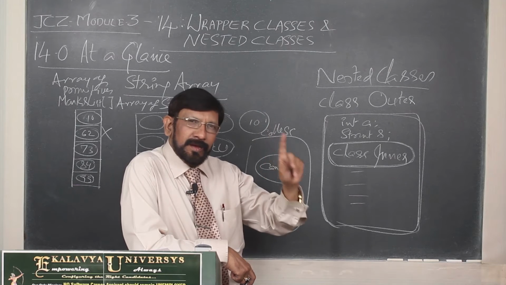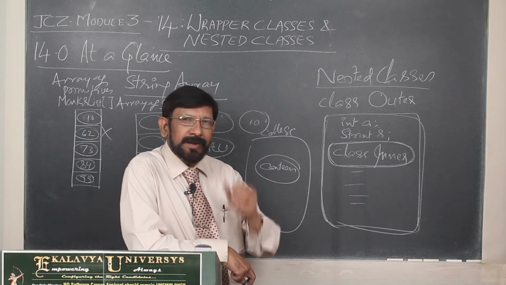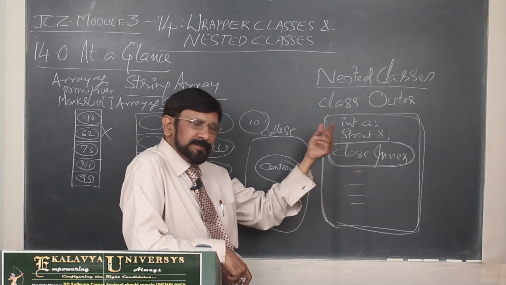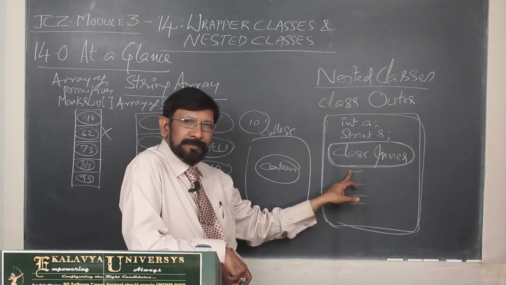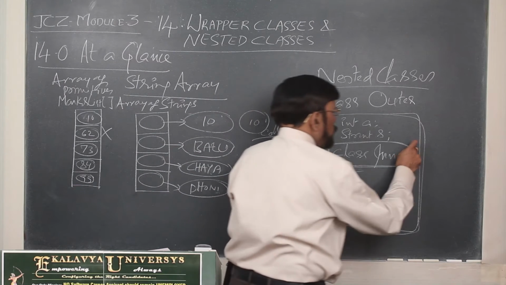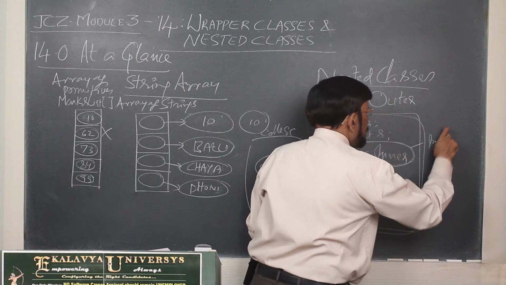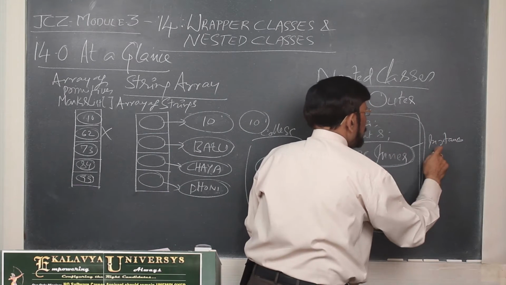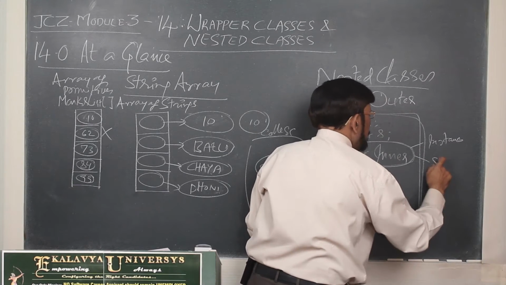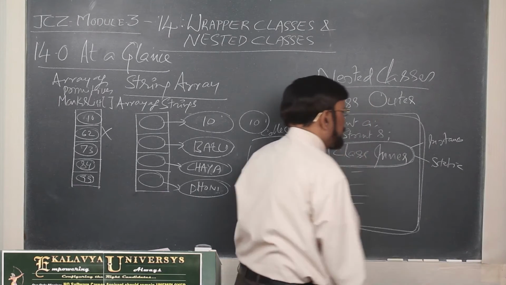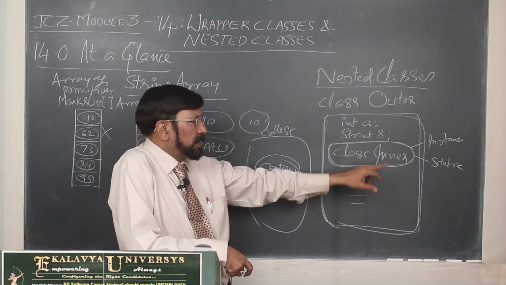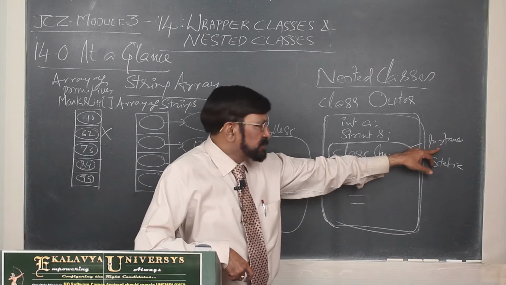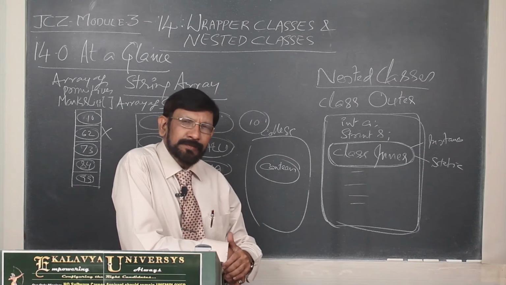What is that? Instance fields and static fields, that is instance members and static members. Here it is a member. Being a member, it also can be an instance member and a static member. This class, being in the status of a member, will be an instance member or a static member.